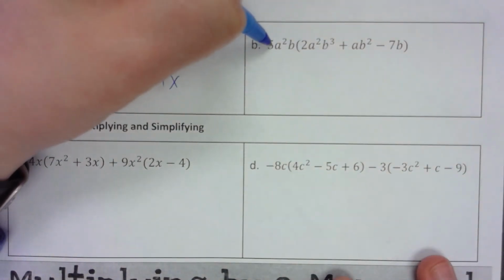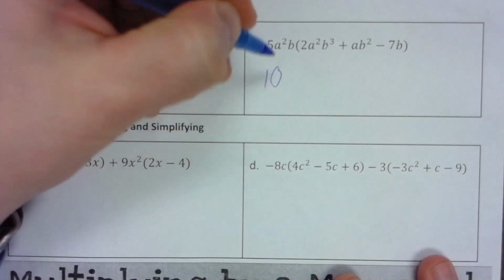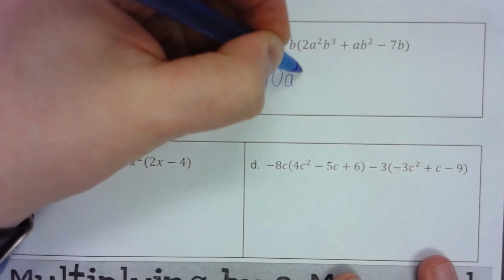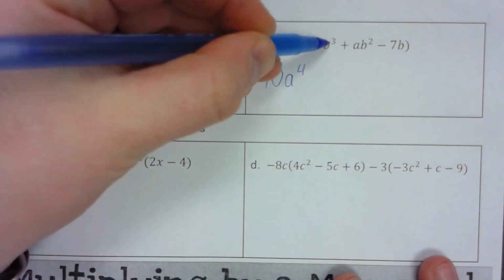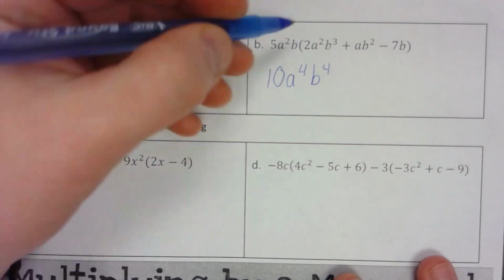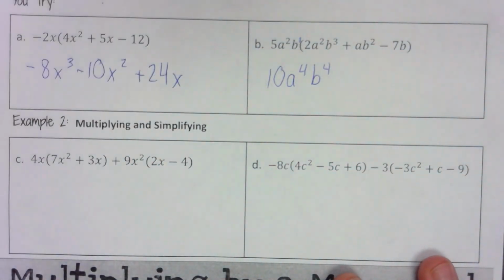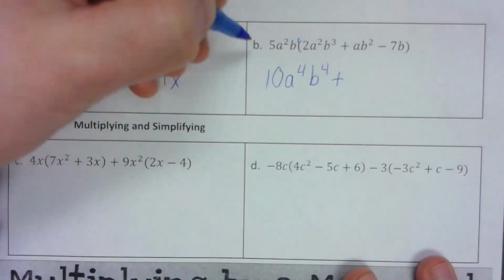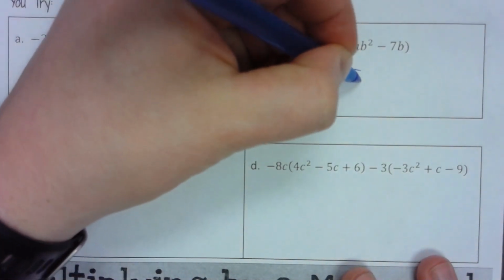5 times 2 is 10. A squared times a squared is a to the fourth. B times b to the third is b to the fourth. Remember that there's like this 1 here. If you need to, 1 plus 3 is 4. Plus 5 times 1 is 5.